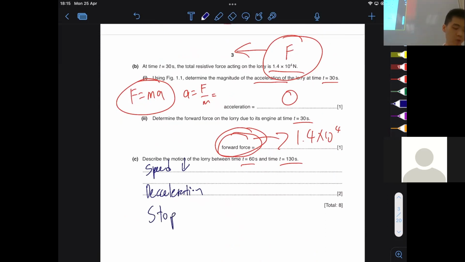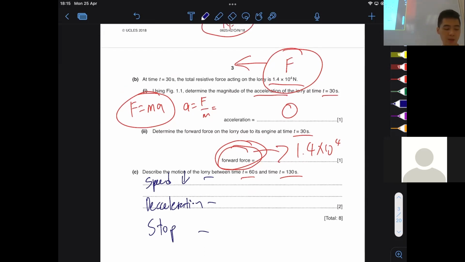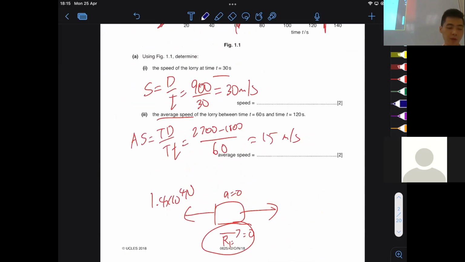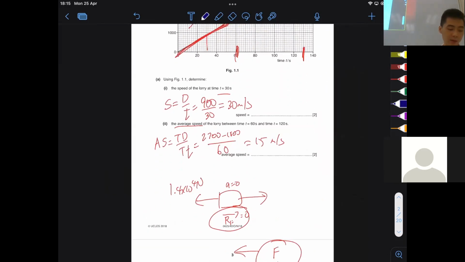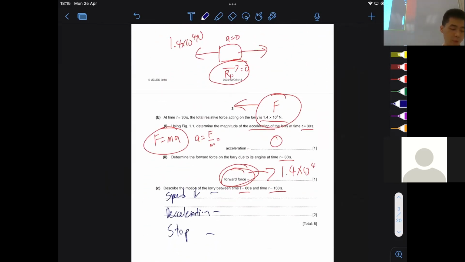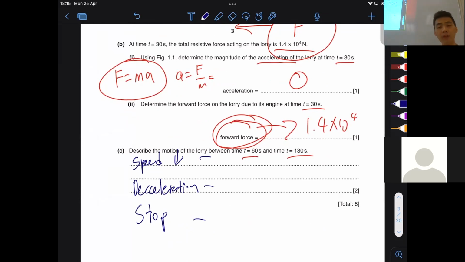If you write down any one of these 2 points, it is acceptable, guys. The reason why it stops is because eventually, look at this graph here, it's a flat line already. Zero distance will be covered already, indicating that obviously it has stopped. So if we write down any two of these points, actually you have to mention that it stops, right? But you can write either the speed decreases or it's going through deceleration.